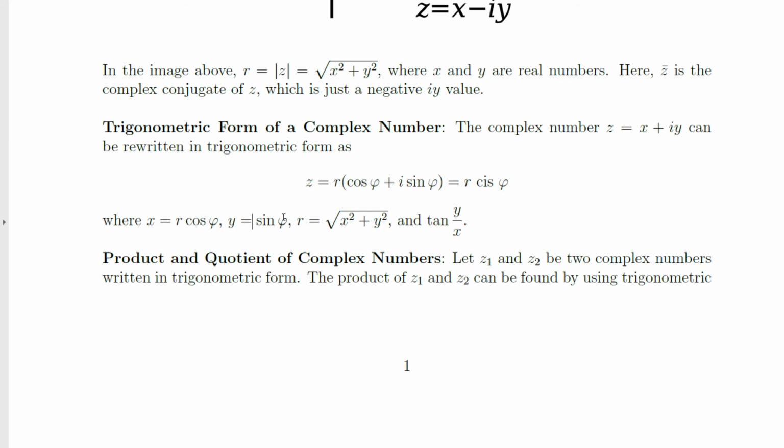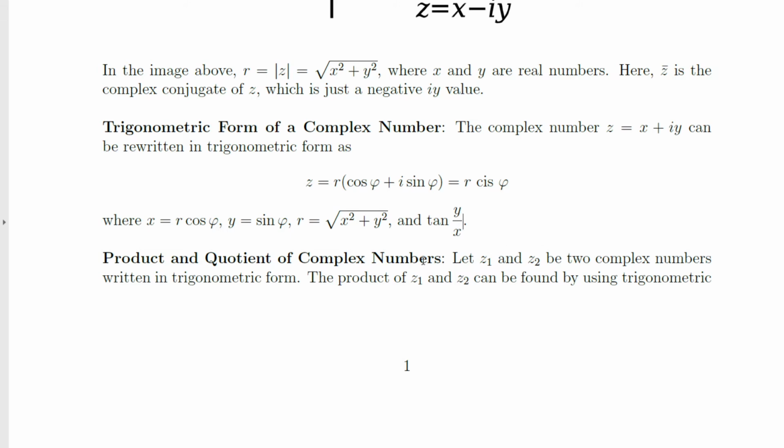Hey, how about that? And then r is equal to the square root of x squared plus y squared. And I did not include the second part of that, so I'll have to fix that. Tangent of phi is equal to y over x, not tangent y over x. It's tangent of phi. I was so proud of my notes and tooting my own horn. Now I have to go back and fix them.